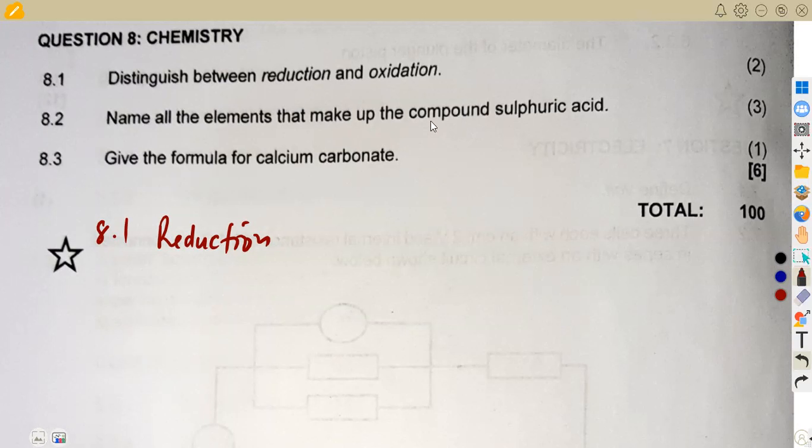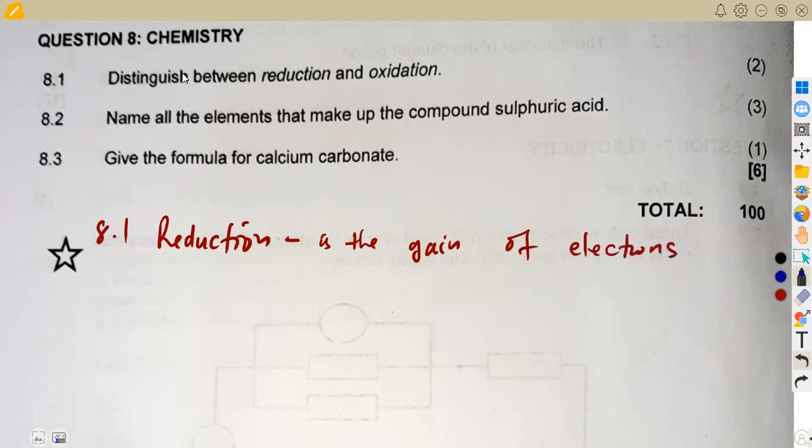Like I said, reduction is simply the transfer of electrons between species in a chemical reaction, where the process is gaining electrons, or a decrease in oxidation state of the element. So we are saying this is the gain of electrons.